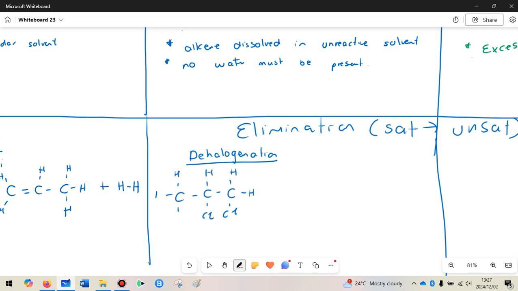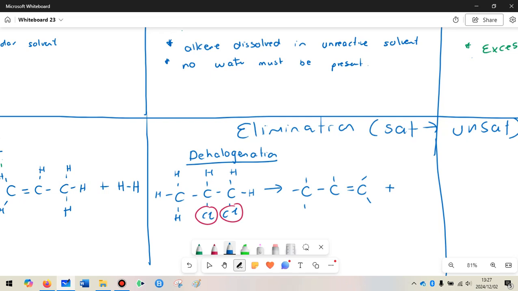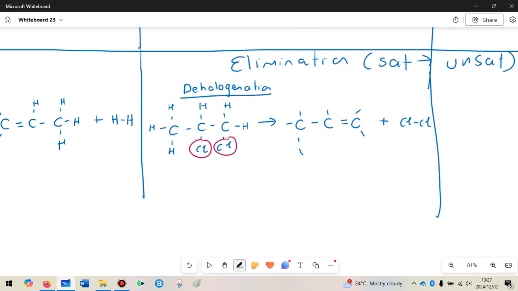No options here. I'm just going to kick out the Cl from this carbon and this carbon, and I'm going to have a double bond now between these two carbons. Don't forget to draw the actual compound that you kicked out. The reaction condition here is that it needs to take place in an unreactive solvent.